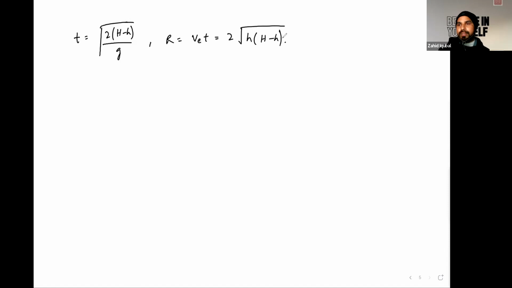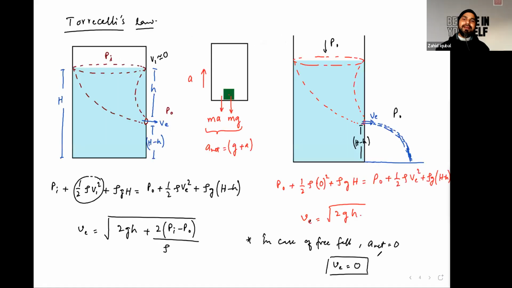So Myra, just tell me at which point holes should be cut out to have maximum range? It should be at the bottommost point or the topmost point. The bottom. Okay. Suppose you made this hole at the bottom point, so H minus h will become 0.